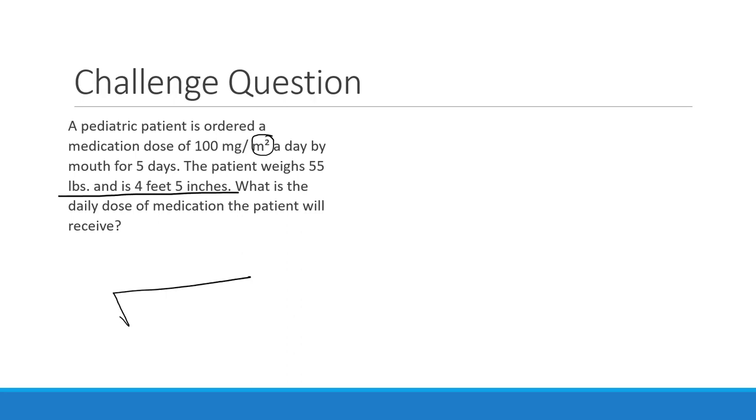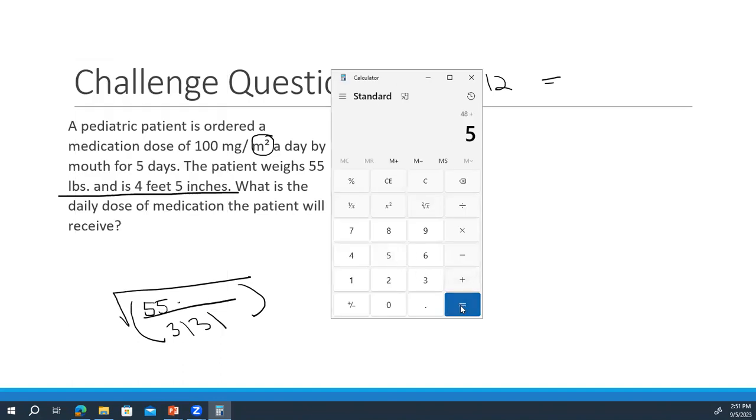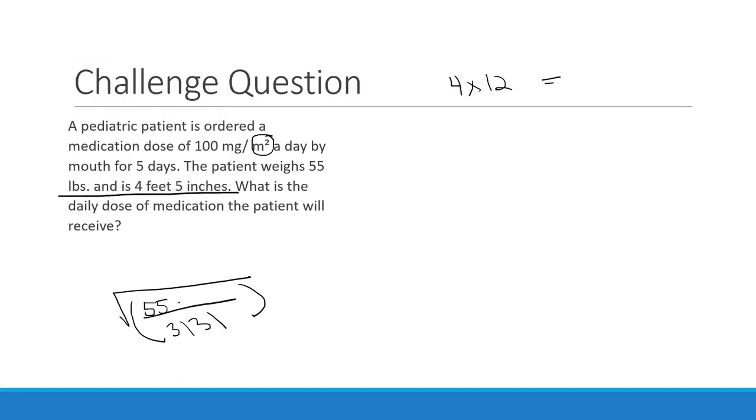So using my square root, I know that's the American one, so I'm going to write 3131, and then I've got 55 pounds multiplied by, so 4 times 12, which gives me 48. And how many other inches did I have? Plus 5. So that's going to be 53.